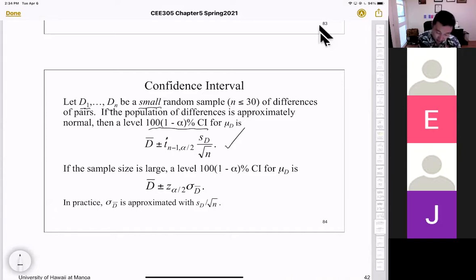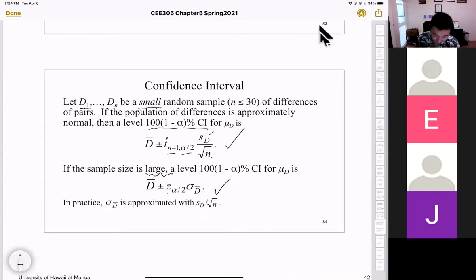The degree of freedom is n minus 1, then half alpha. SD is the sample standard deviation for sample size n. When the sample size is large, we use the z value and this equation.